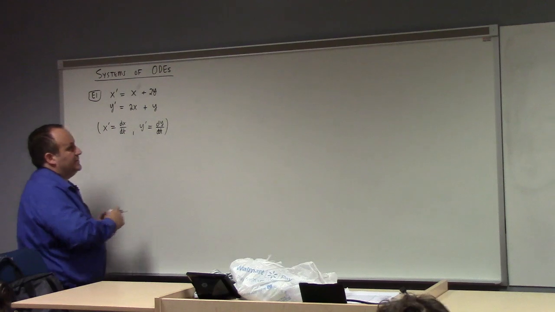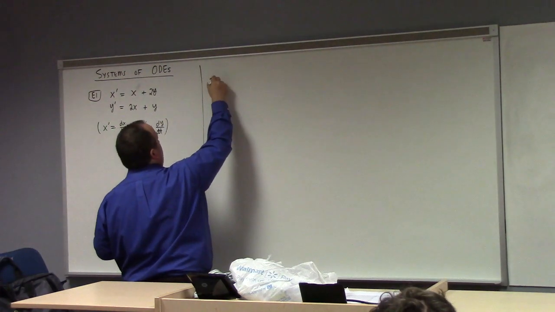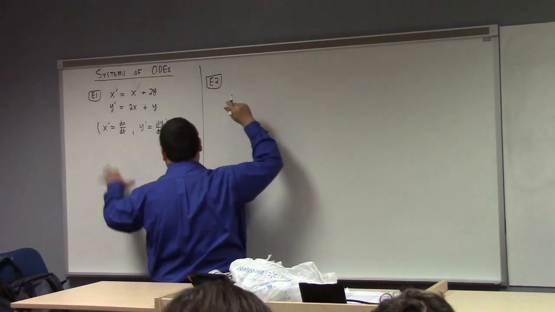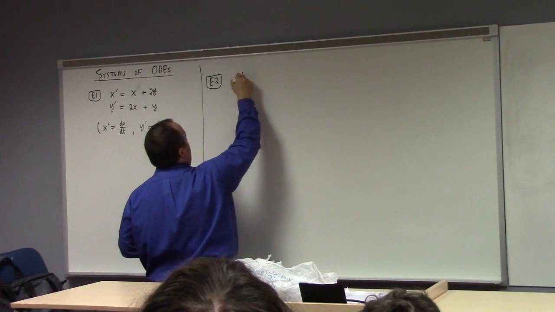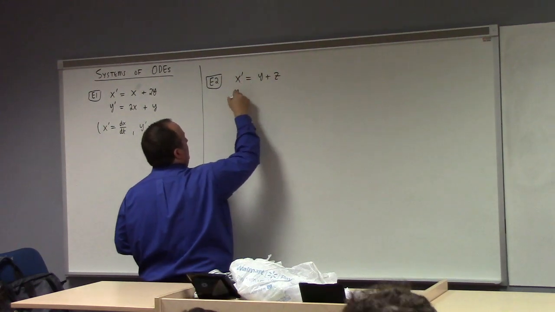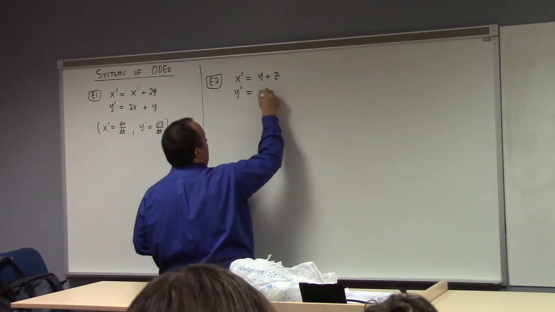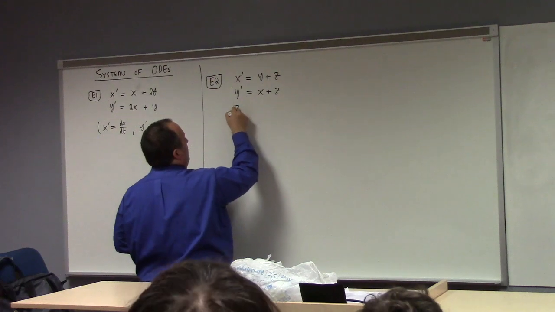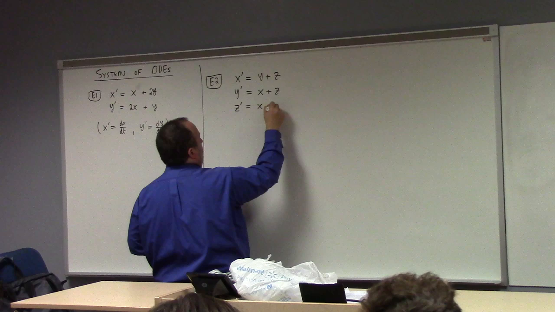Another example I could give, and leave yourself some room under these because we're going to come back to these and add some things, okay guys? Another system of differential equations I could give you would be perhaps x prime is y plus z, y prime is x plus z, and z prime is x plus y.